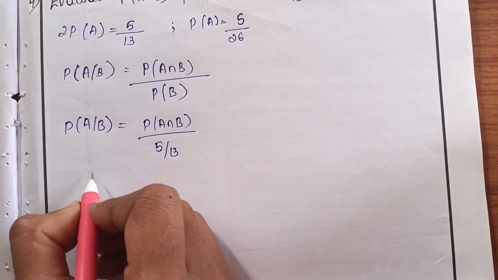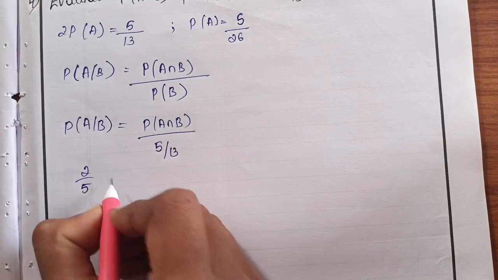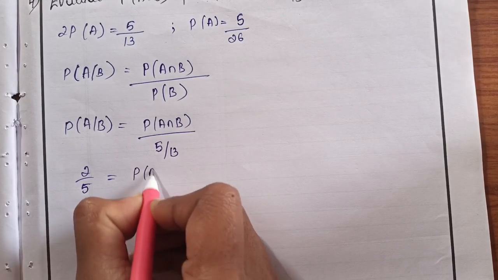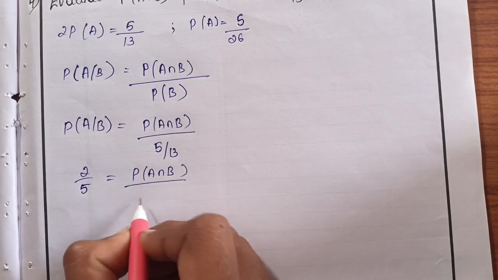So 2 by 5 equals probability of A intersection B divided by 5 by 13.